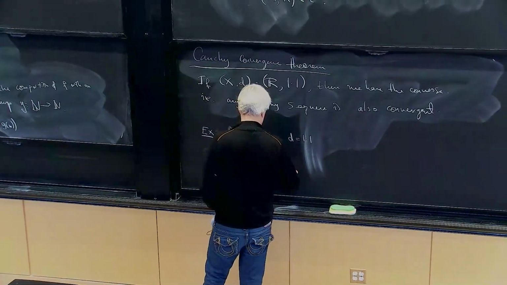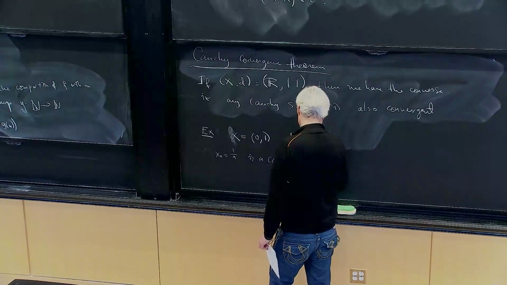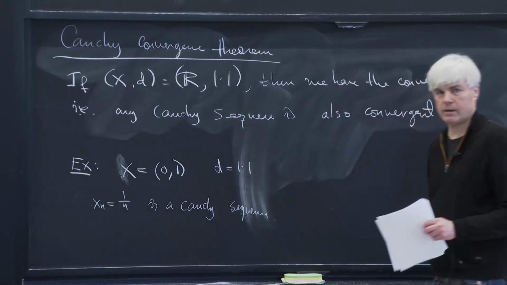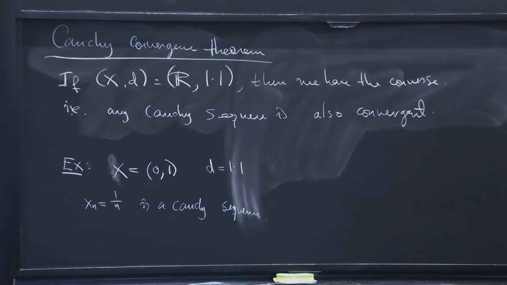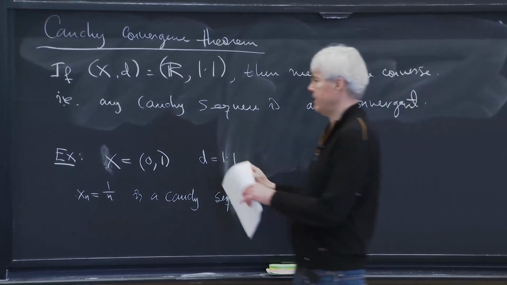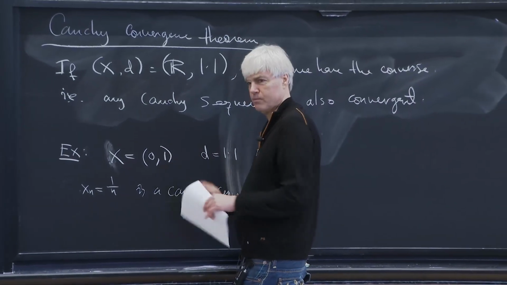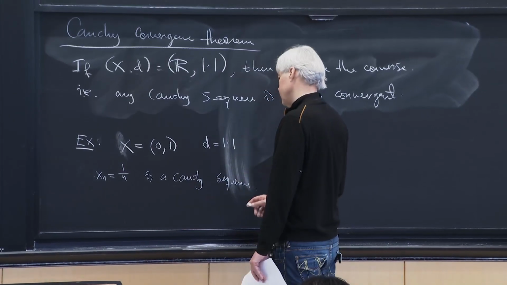So you may say this is a rather trivial example, not very interesting. I'll show you another example a little bit later or next time that is more interesting, but in some sense has some of the same feature, that the space is just not quite large enough. Okay, but it will seem more interesting.